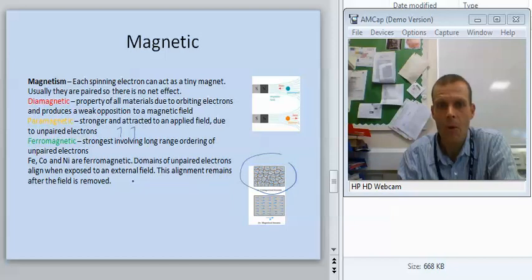If you expose them to a field, you can get them all to line up, and that lineup remains after you take the field away as well. So it remains magnetic. If you stroke a piece of iron with a magnet, you will induce this similar direction of the electrons, and you can make that piece of iron magnetic.